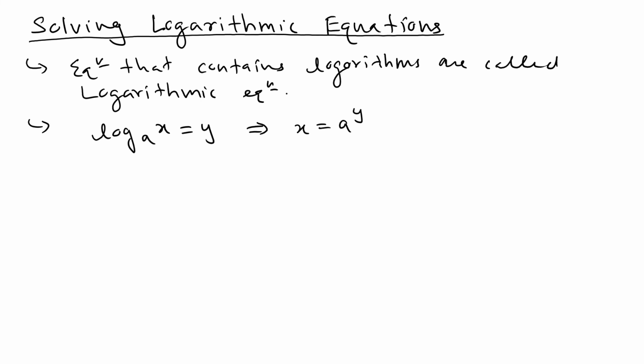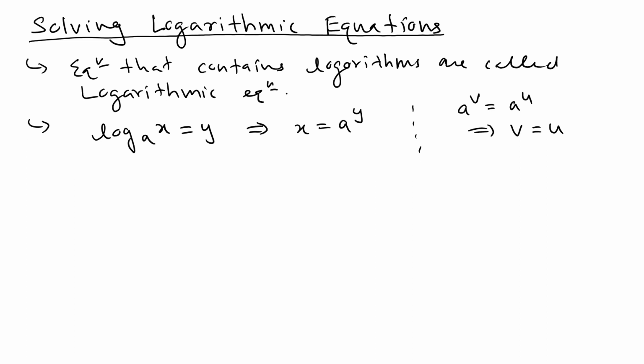We know that if a to the v equal a to the u, this implies that v equal u. So we transform the logarithmic equation into an exponential equation, and then use the methods that we use for solving exponential equations.